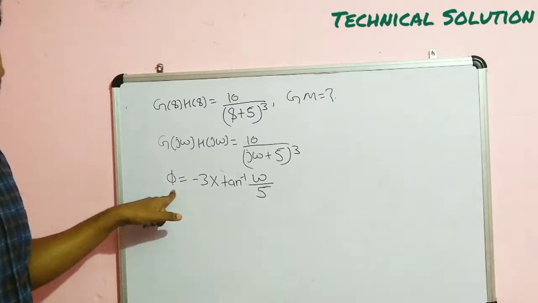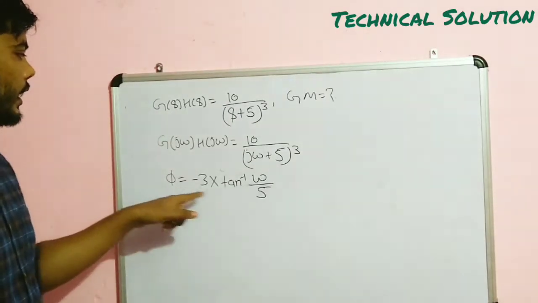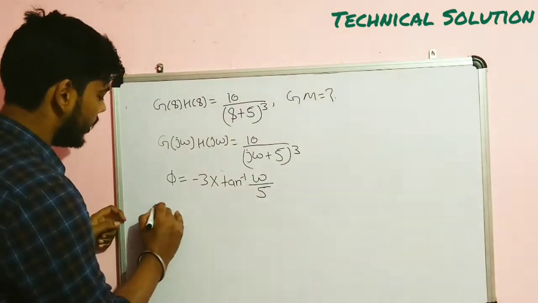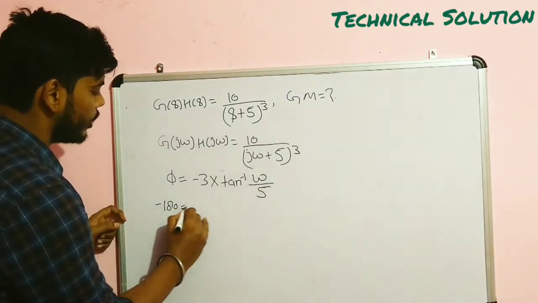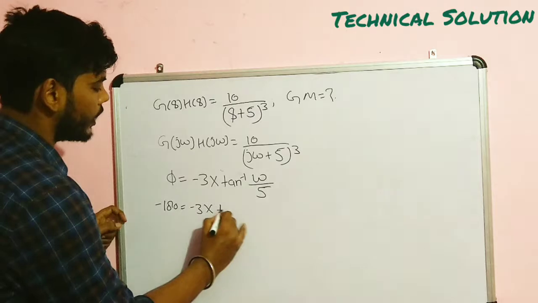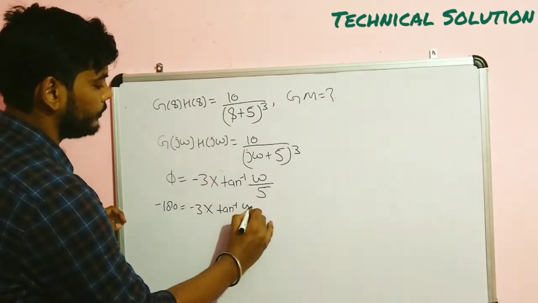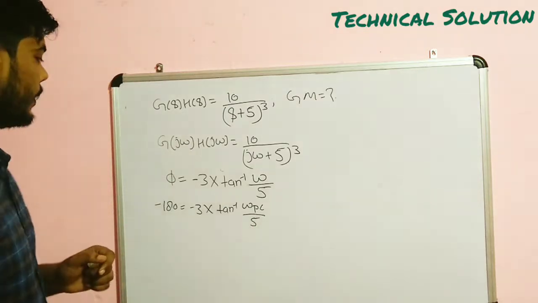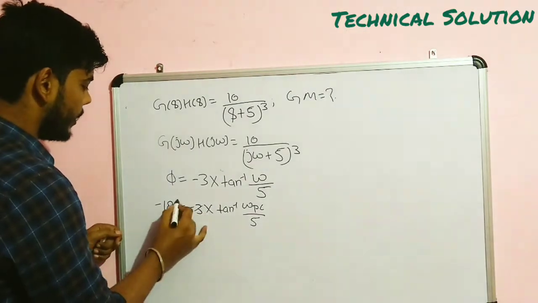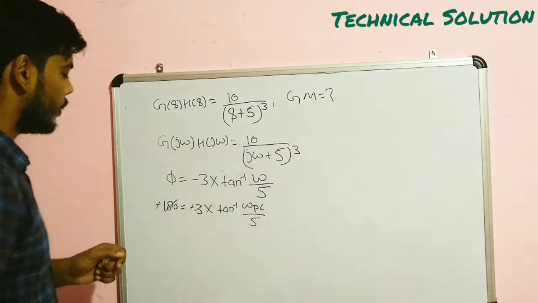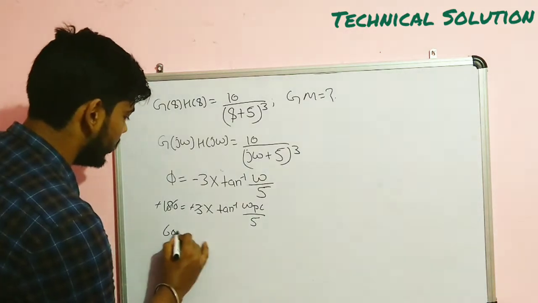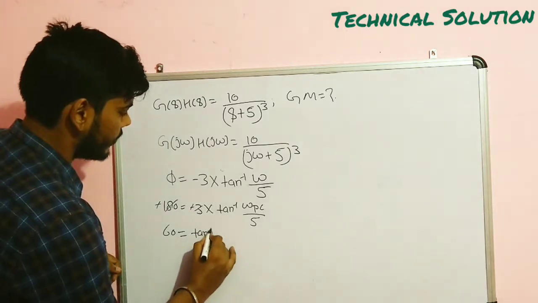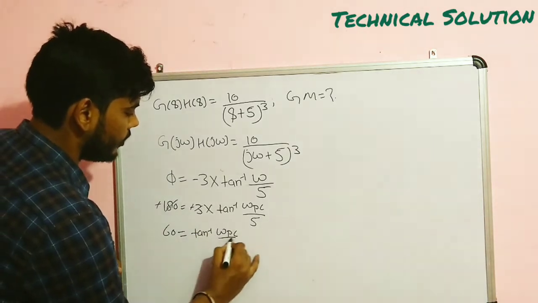When we put minus 180 degrees, omega becomes omega PC, the phase crossover frequency. Then minus 180 is equal to minus 3 tan inverse of omega PC upon 5. With simple mathematics, the negatives cancel, and 180 divided by 3 leaves 60, so on the right-hand side we have tan inverse of omega PC upon 5.